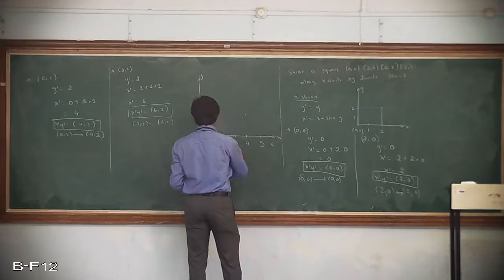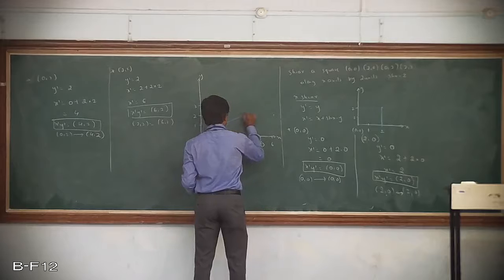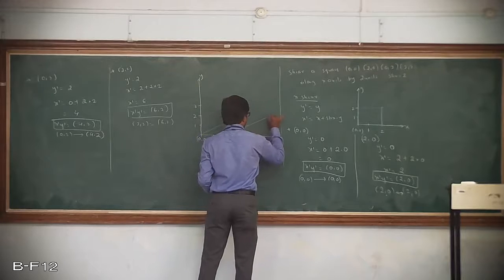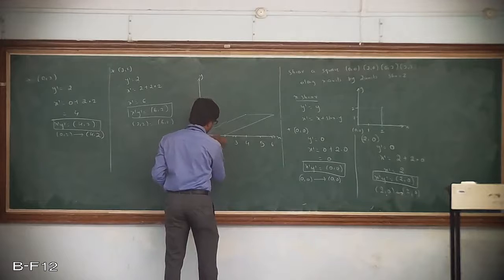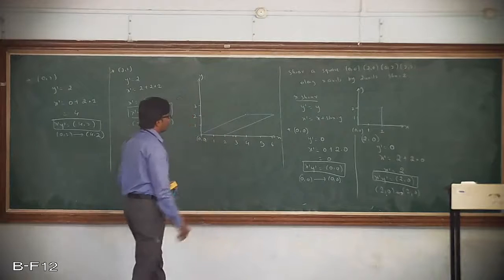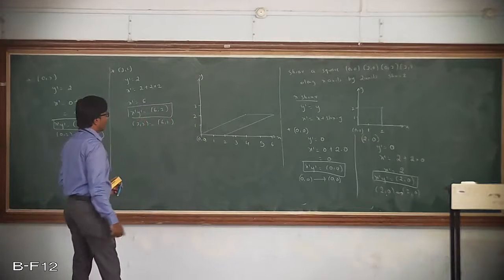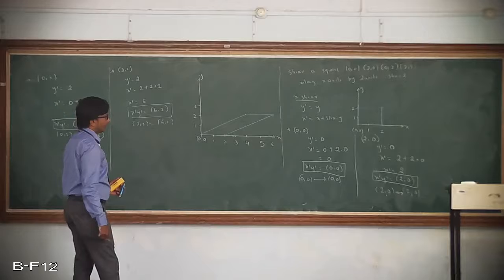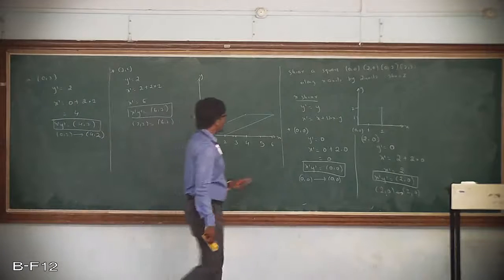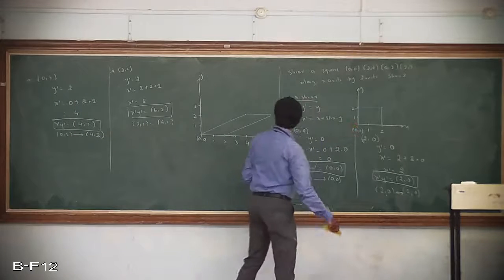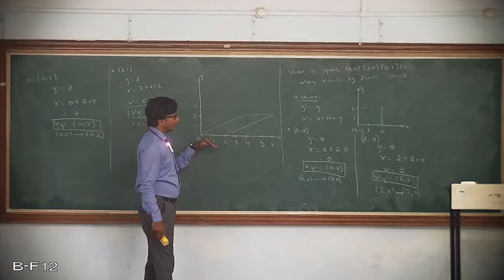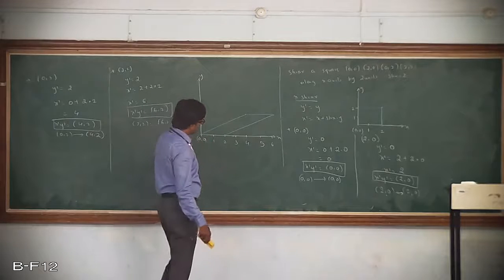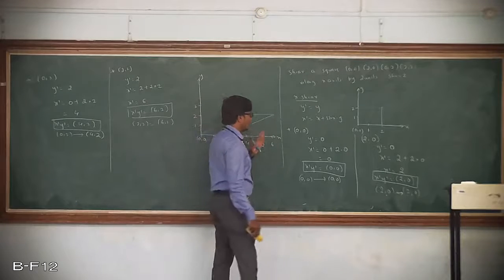If you observe, there is a shear which has happened here. The component has changed its shape. Initially it was a square, and now it has changed its shape. There is a change in the x-axis, and y remains as it is.